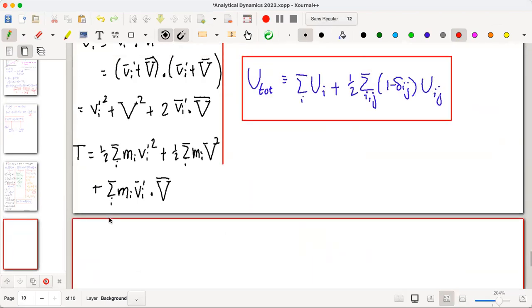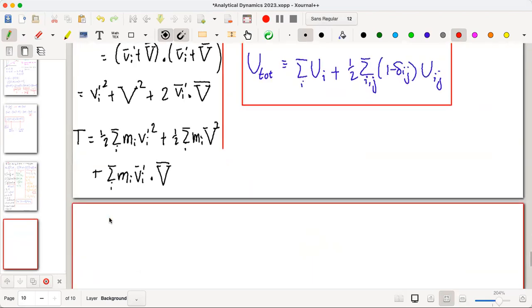Yeah, the kinetic energy. Okay. See, the kinetic energy can be written like this. All right. So let's just work here.